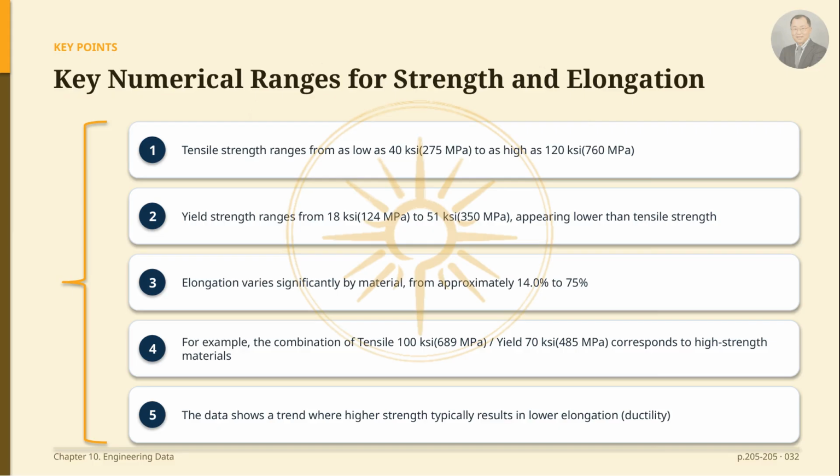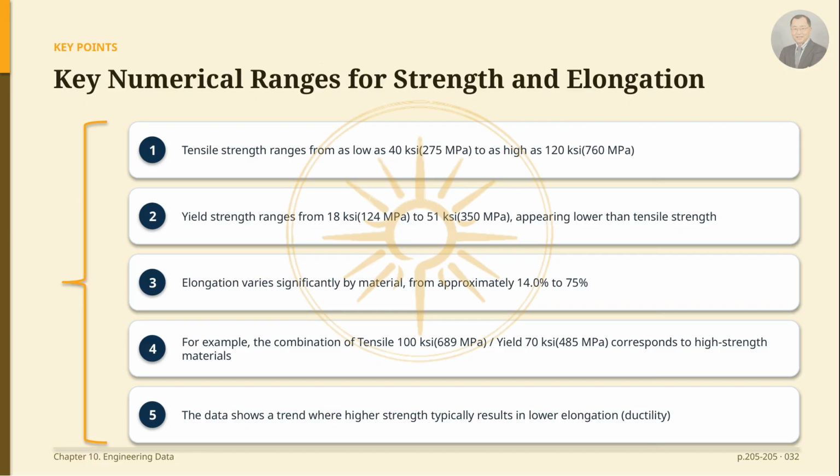Next, let's look at the core numerical ranges in the table. Tensile strength is widely distributed, from as low as 40 KSI, 275 MPa, to as high as 120 KSI, 760 MPa. Yield strength ranges between 18 KSI, 124 MPa, and 51 KSI, 350 MPa. And for the same material, it always has a lower value than the tensile strength.